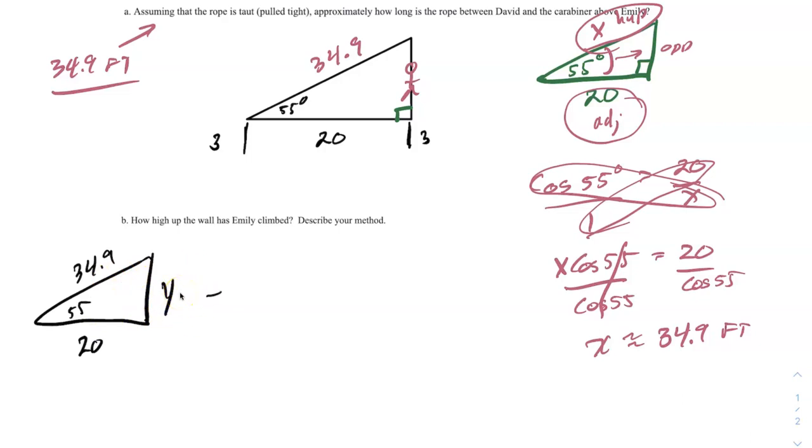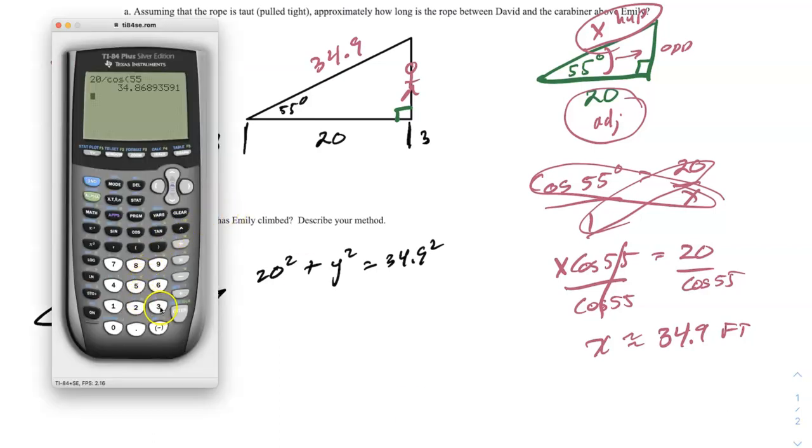Let's do the calculator. 20 squared plus y squared equals 34.9 squared, because I don't want you to forget that that's a thing you could do. So I'm just going to use a calculator to figure that out. 34.9 squared is about 1218.01. And then 20 squared is 400.